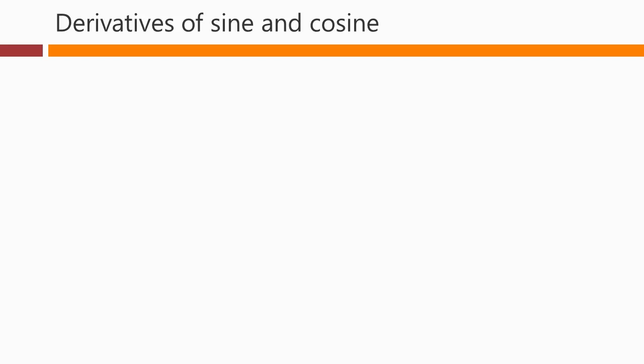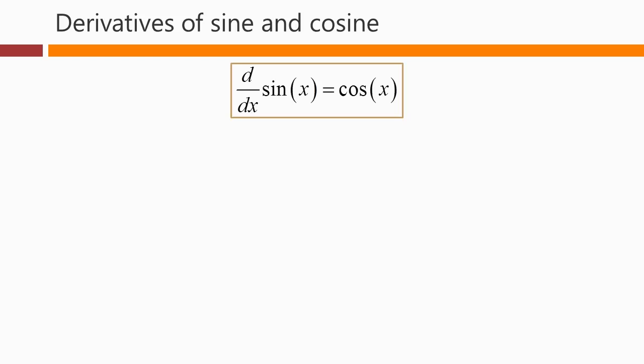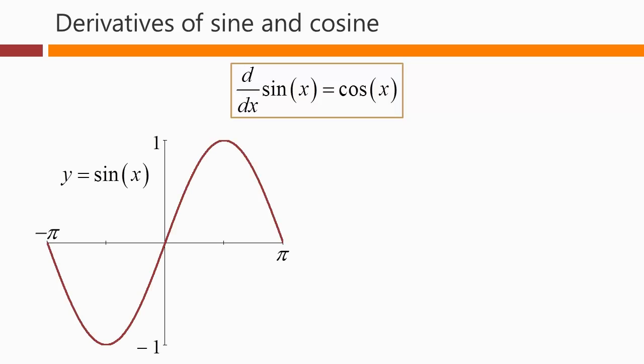Derivatives of sine and cosine. The derivative of the sine is the cosine, which is easy to remember. And again, we can remember that by remembering the form of the sine curve here. It is going negative here, and it's got a negative slope. It turns around and has a positive slope. And then here it has a positive slope and turns around and has a negative slope.